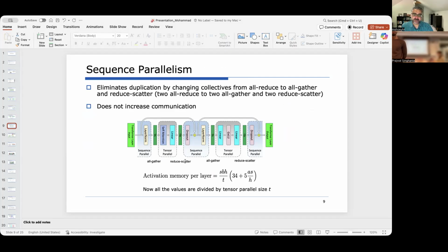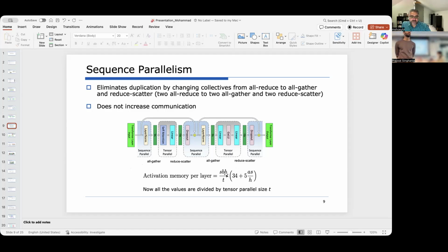Then through a reduce scatter, we come back to a region that is parallelized across sequences. So we have a sequence parallel region, then a tensor parallel region, then a sequence parallel region, then a tensor parallel region. The good thing is that an all reduce is basically a reduce scatter followed by an all gather. So although we now introduced 4 operations, the amount of bytes that we move actually hasn't changed, because we broke an all reduce into a reduce scatter and an all gather.